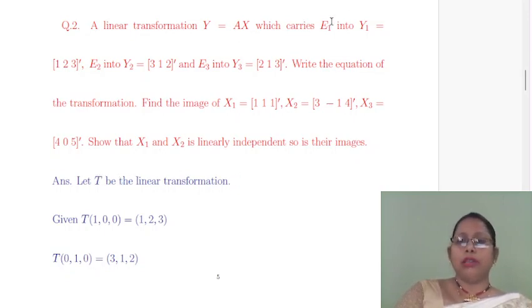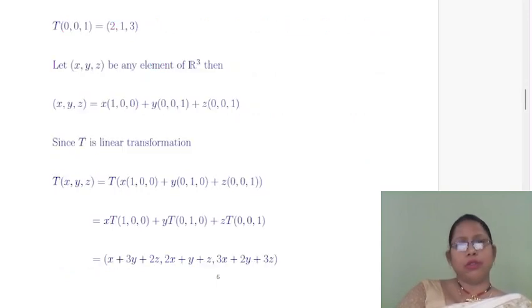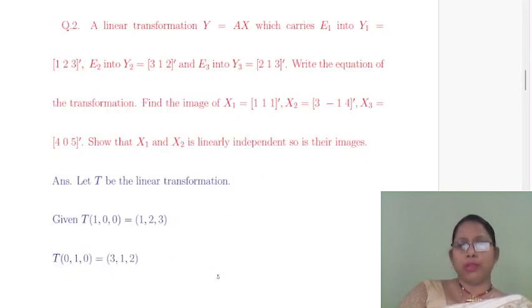Here e1, e2, e3 are the elements in the standard basis of R3. Given T(1,0,0) is (1, 2, 3) and T(0,1,0) is (3, 1, 2) and T(0,0,1) is (2, 1, 3).